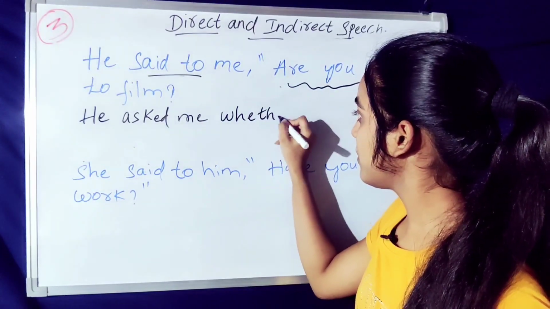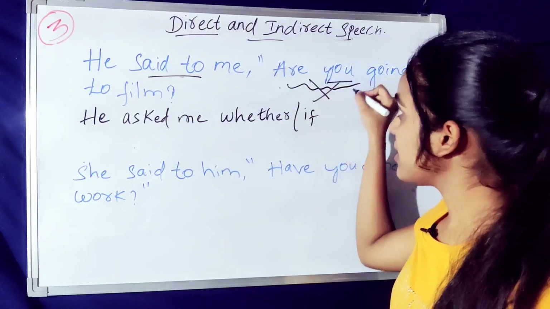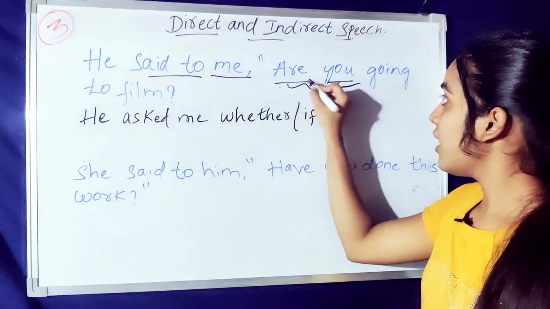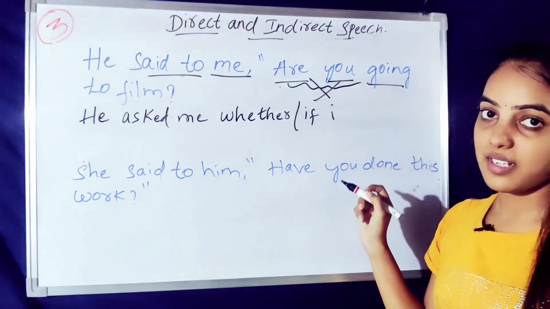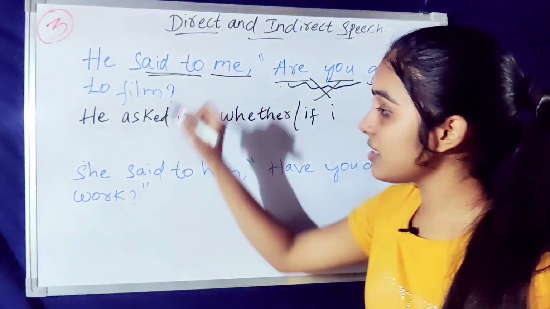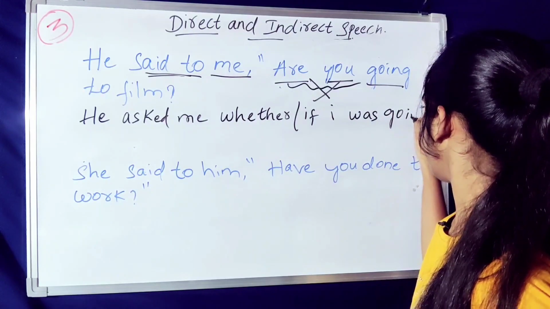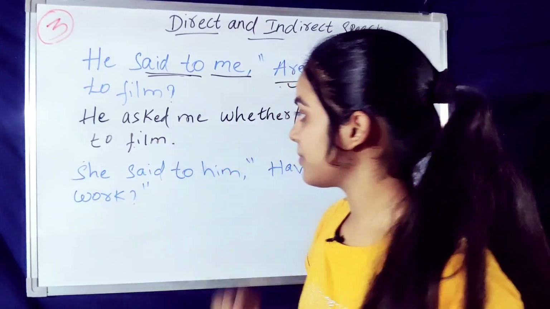Cross-examine, use the second person. You will be changed to I. If I are going. Present continuous will be changed to past continuous because the reporting verb is in past tense. Was going to film. Full stop.